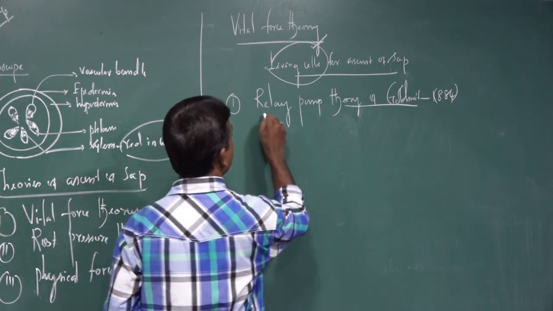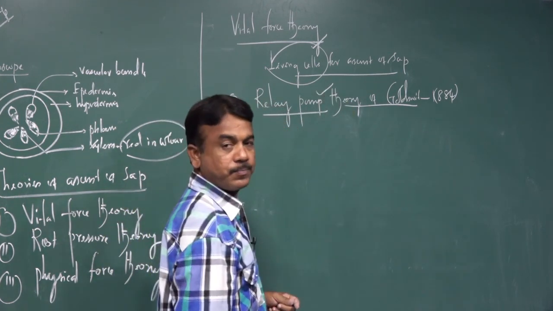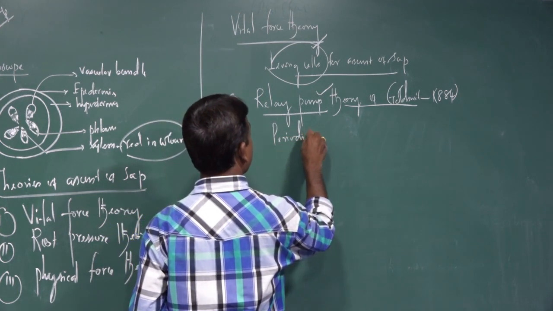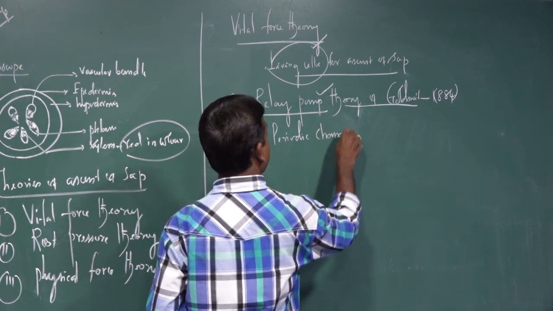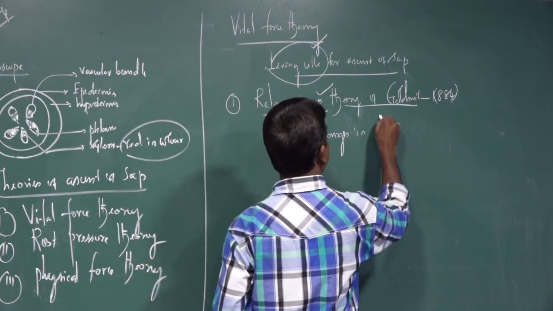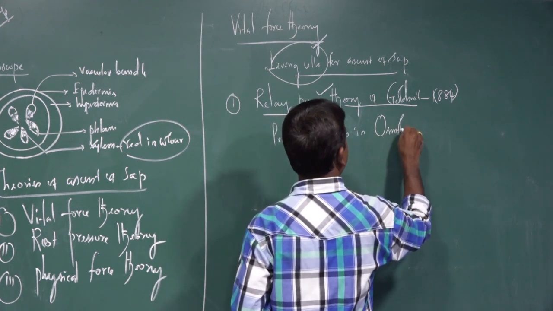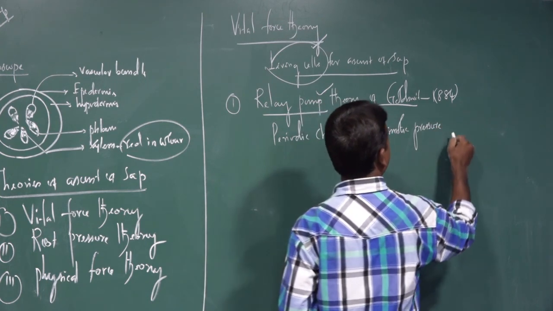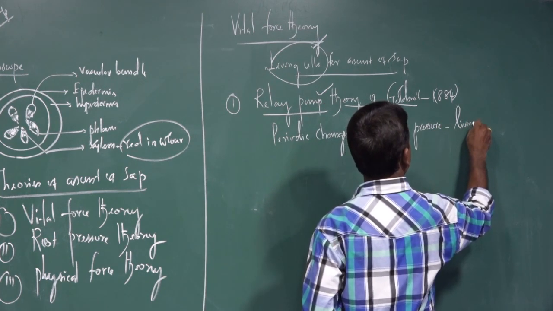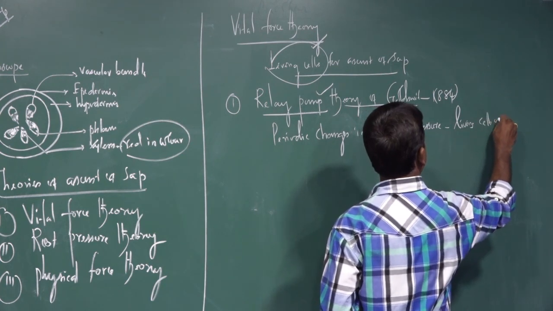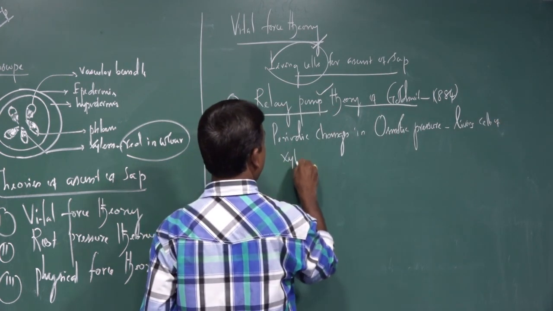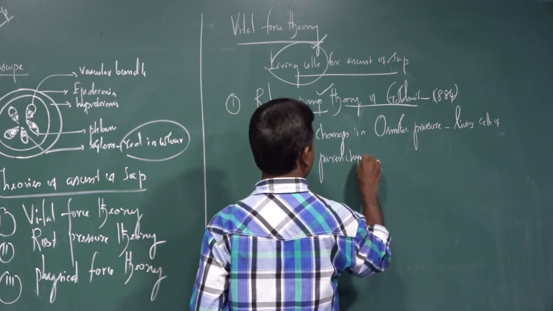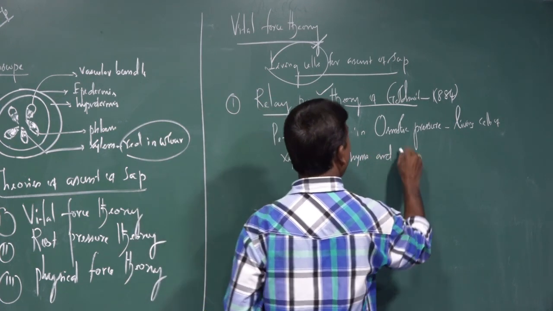So what is the meaning of relay pump theory? It means periodic changes in osmotic pressure in the living cells of xylem parenchyma and medullary ray.